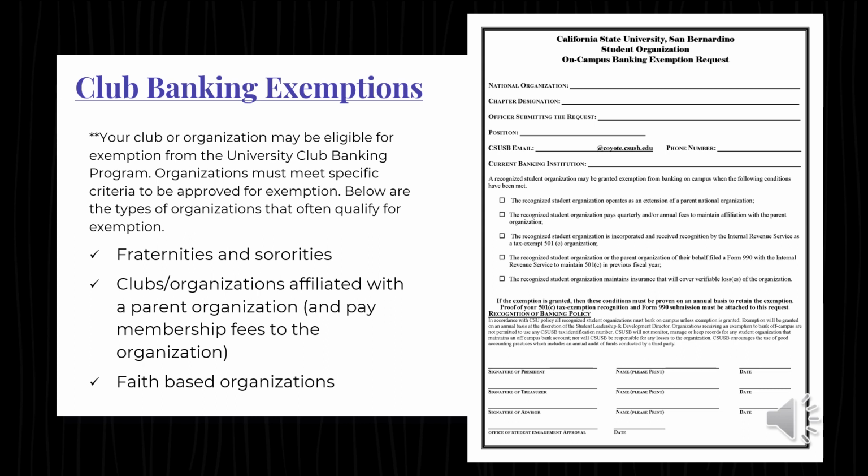The exemption form can be found on the Office of Student Engagement website under Student Clubs and Organizations under Club and Organization Banking. You will be asked to provide a letter from the IRS confirming your recognition as a 501c, and you will need to provide your prior year tax filing.